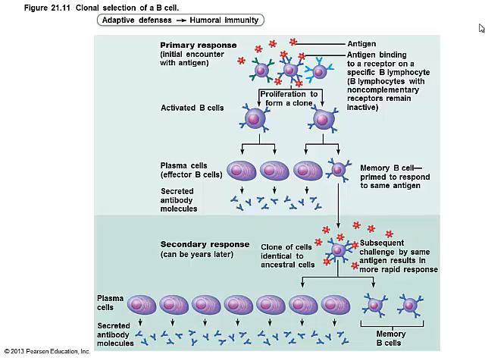One group is going to become plasma cells, and those cells are going to actively produce more of the same antibody that we saw on the surface to begin with. The other group of cells are going to become what we call memory cells. So these guys are going to lay in wait just in case this antigen comes back.